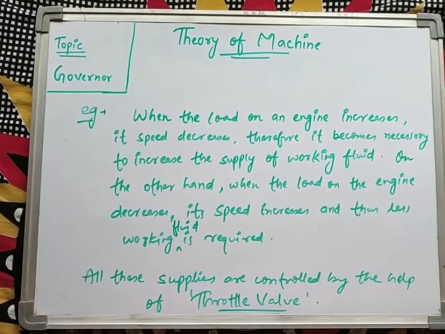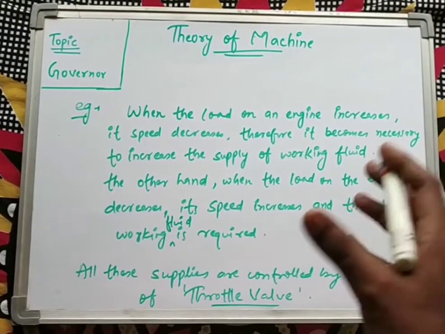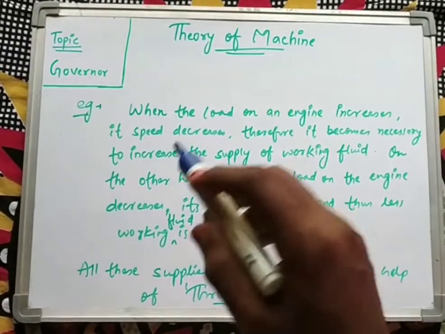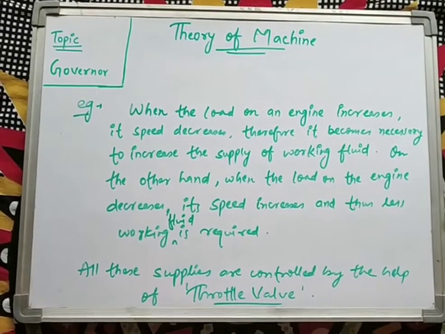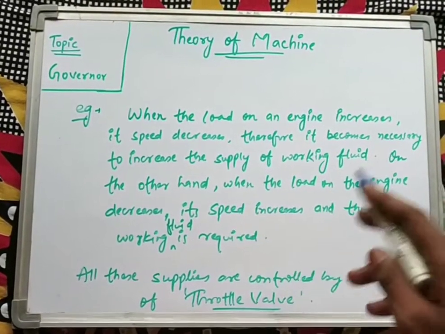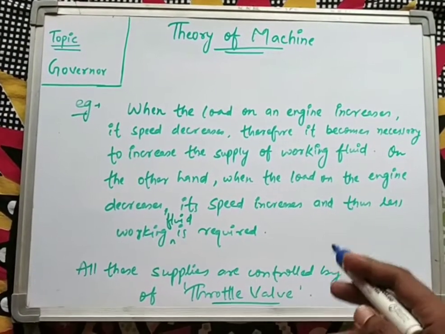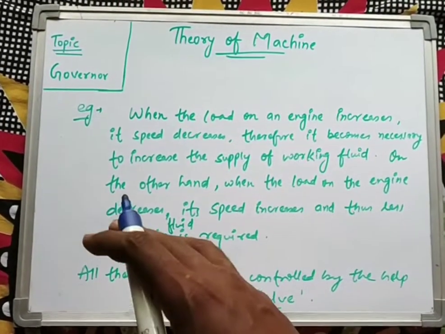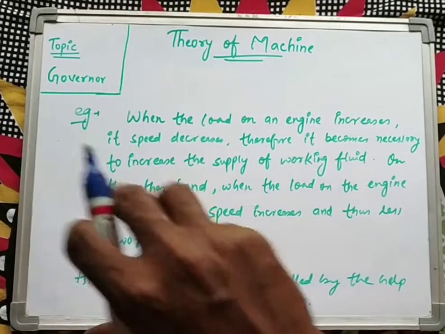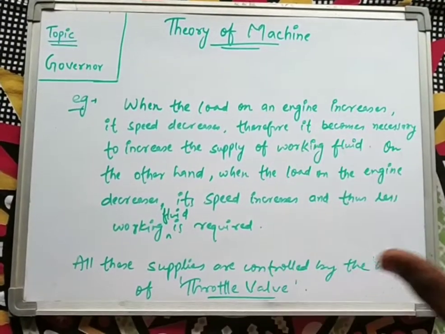Hence, with the help of an extra amount of working fluid being supplied to the engine, we can control the speed. In the second case, when the load on the engine decreases, its speed automatically increases, and at that point the extra supply of working fluid is restricted.